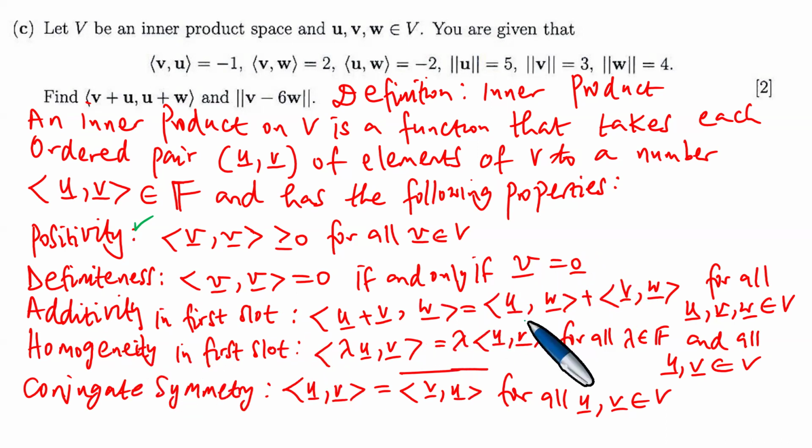Additivity in the first slot is the property of expansion: if you have u plus v and w, it becomes the inner product of u and w plus the inner product of v and w. Homogeneity in the first slot: the inner product of lambda u and v, you can pull out lambda, and it becomes lambda times the inner product of u and v, for all lambda in F and all u, v in V.